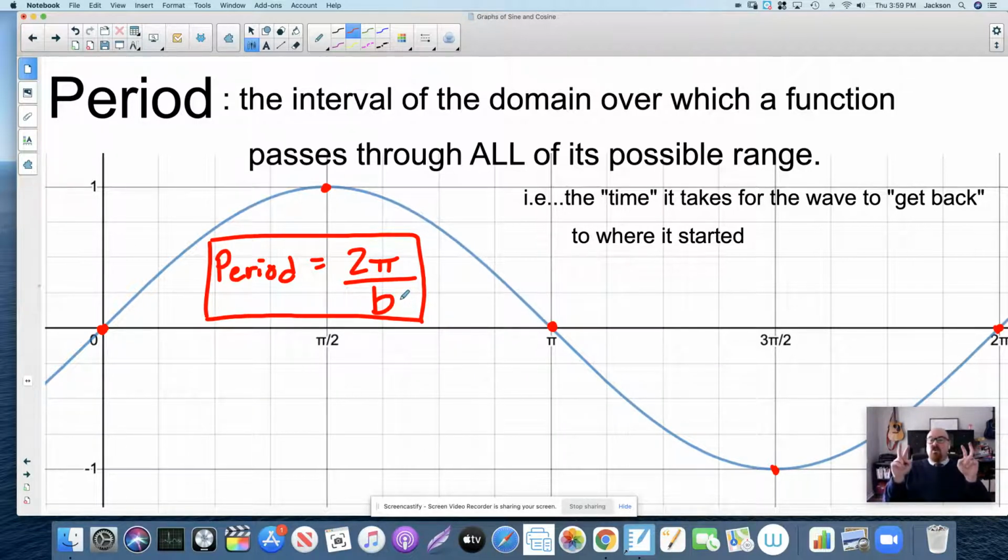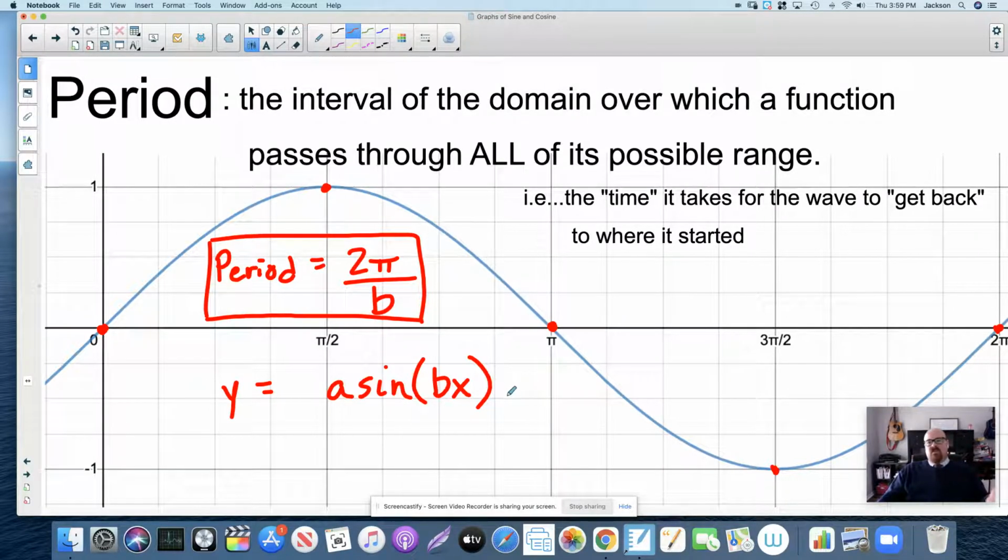This is the quote unquote formula for finding the period of a graph when you are given its function notation, okay? Because we've already seen, well, if you haven't seen my video on amplitude, go look at amplitude, okay? And as we're adding more variables to this, the location of b is the coefficient of x.